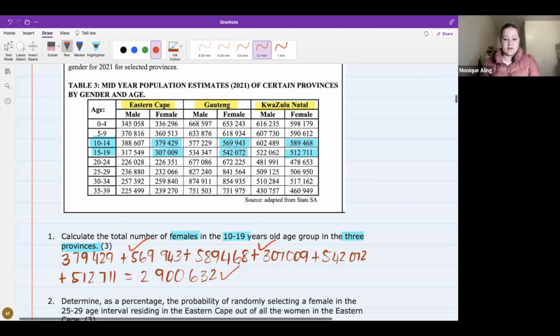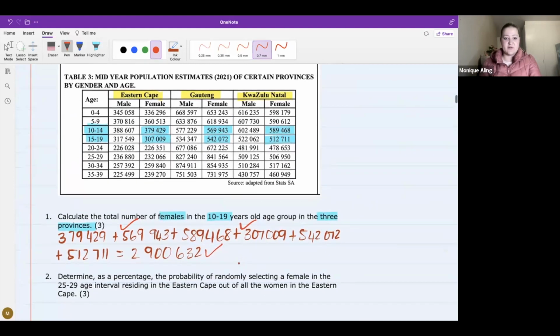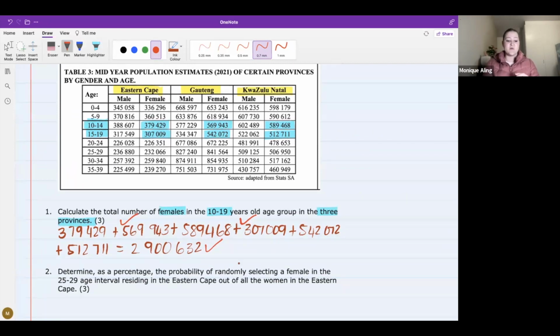Let's zoom out a little bit so we can read the next question and see the table. The next question says, determine as a percentage the probability of randomly selecting a female in the 25 to 29 age interval residing in the Eastern Cape out of all the women in the Eastern Cape.